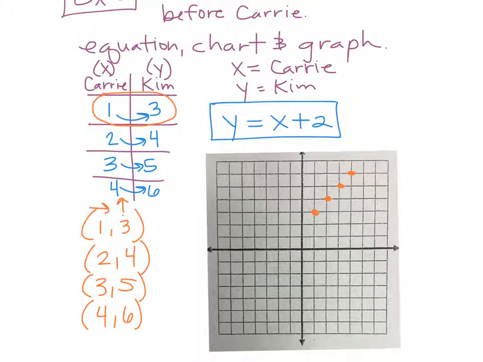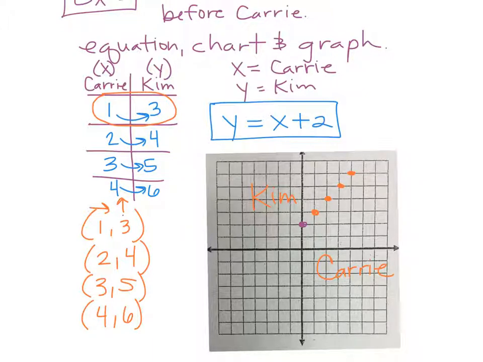Now here's the deal. You have to think a little bit about this, because this is Carrie, right? Our X, and this is Kim. Is it possible to have a point here? Yes. Why? What does that mean? How old is Carrie there? 0, and Kim is 2.